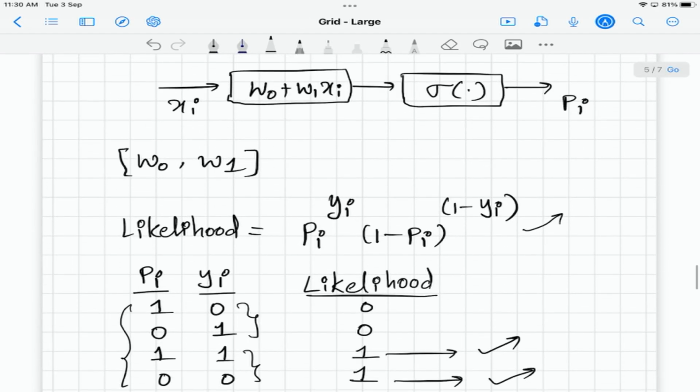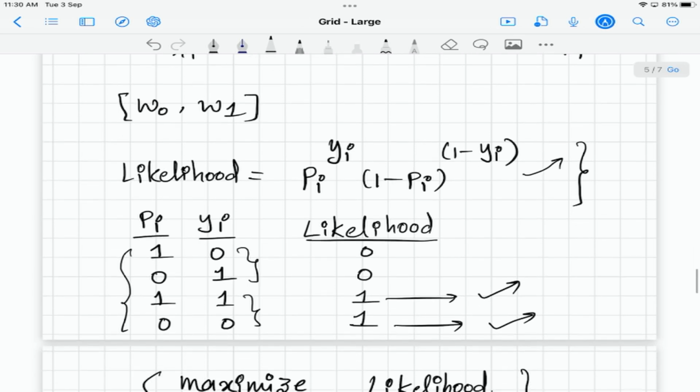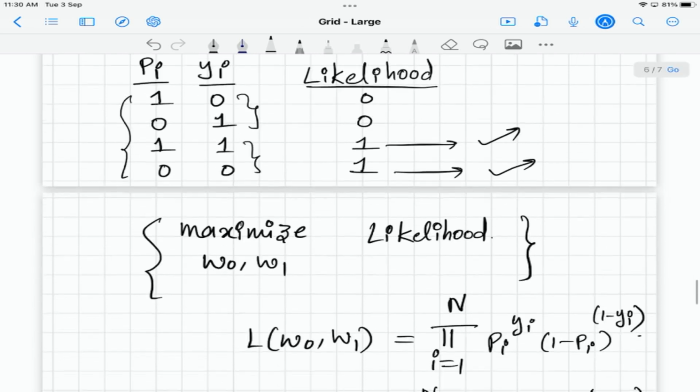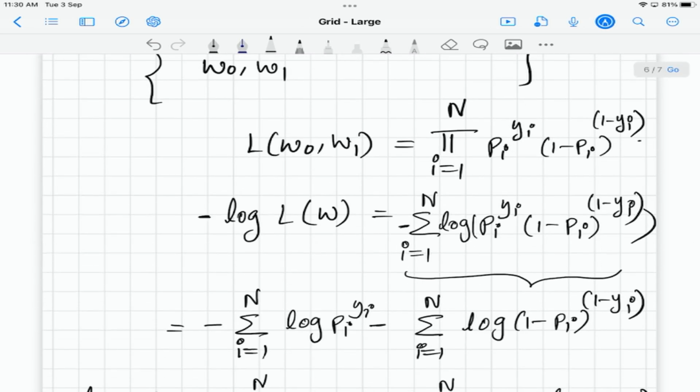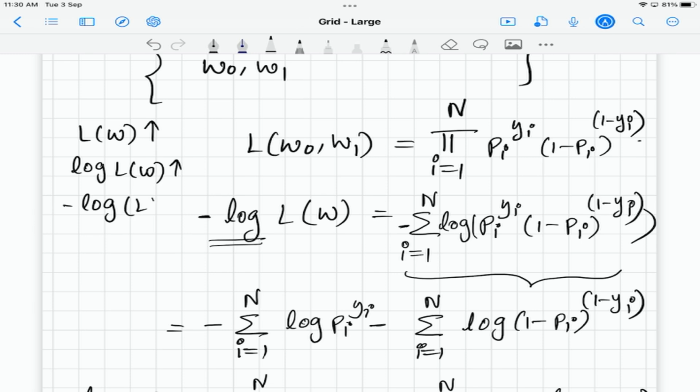Maximizing likelihood is equivalent to maximizing log likelihood, which is equivalent to minimizing your negative log likelihood. So negative log likelihood is nothing but your binary cross entropy.